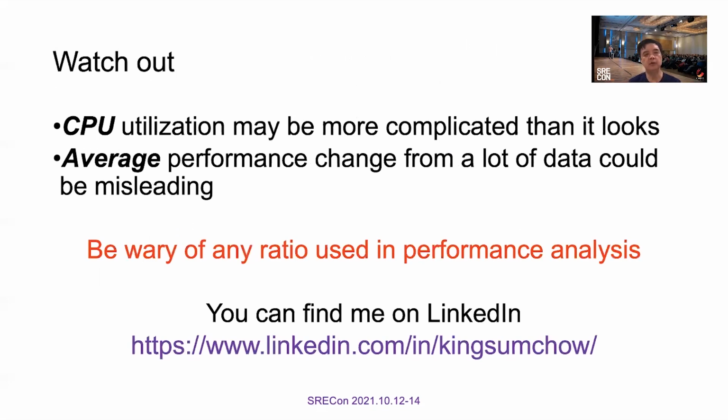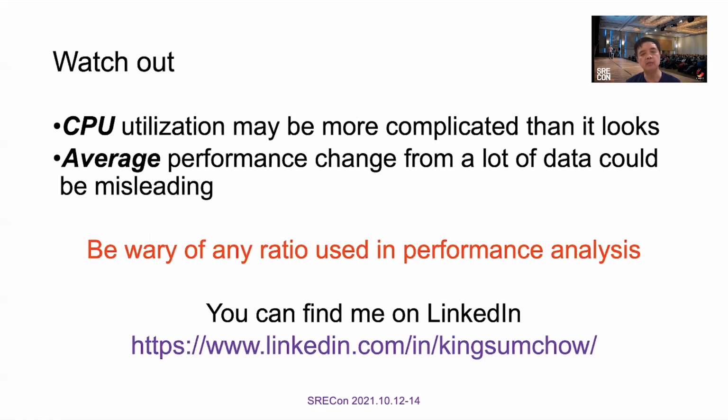So let me summarize today's talk. CPU utilization can be a little bit more complicated than it looks. We need to be very careful by looking at the per logical CPU, per core, and per system CPU utilization.